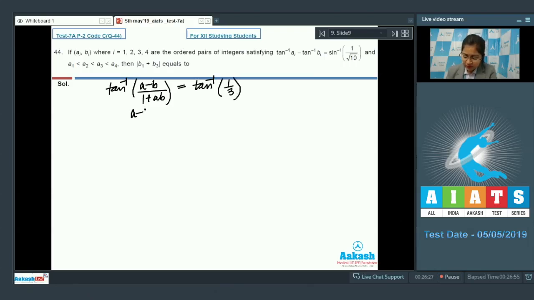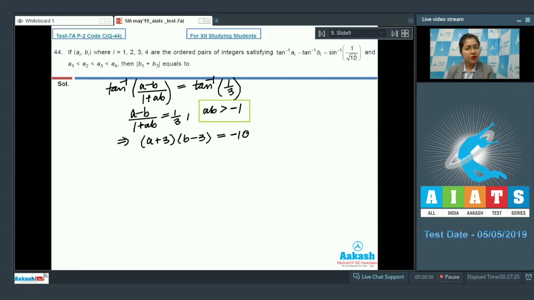Now which means that A minus B upon 1 plus AB will be equal to 1 by 3 for AB greater than minus 1. So we have to find the solution of this equation. Let's write it in another form, that is A plus 3 into B minus 3 is equal to minus 10. Right? Now its solutions can be found.